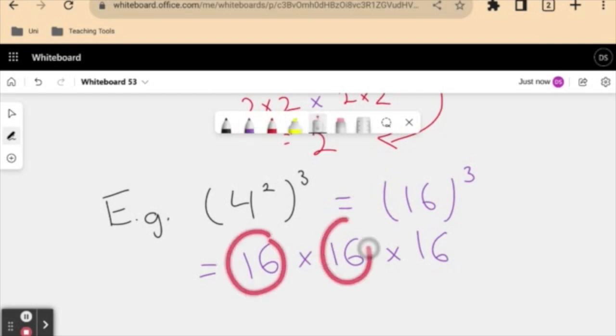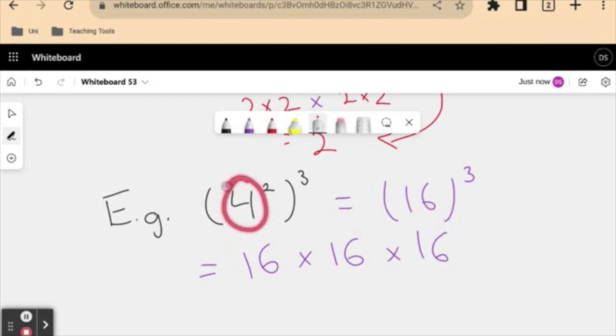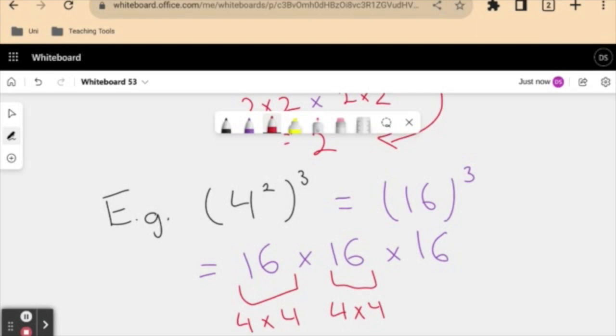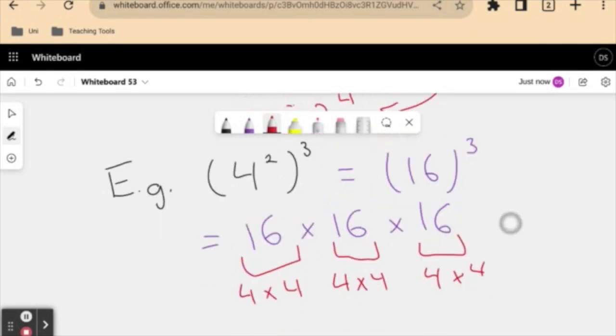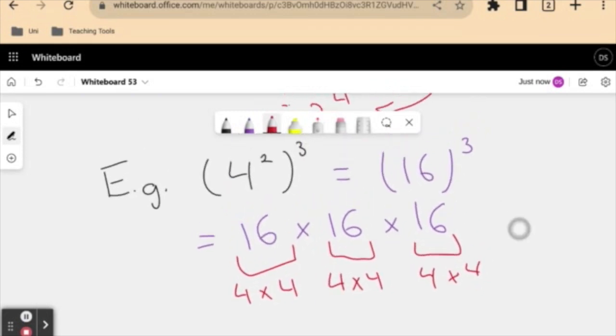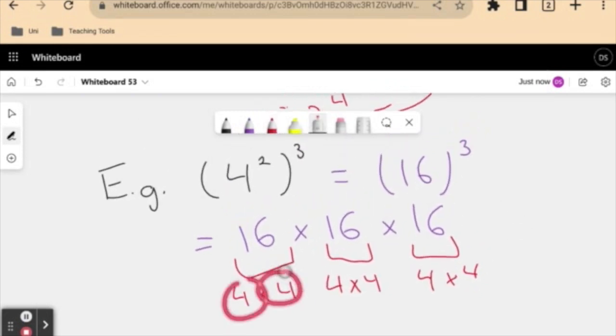But like we did in the last couple of questions, let's express each of these as a power, as a base of 4. Well, this is like saying this one is just 4 times 4. This one is like saying 4 times 4. And this one as well is like saying 4 lots of 4. So what do we have here? Well, we had 1, 2, 3, 4, 5, 6 lots, with 6 4's all multiplying by each other.